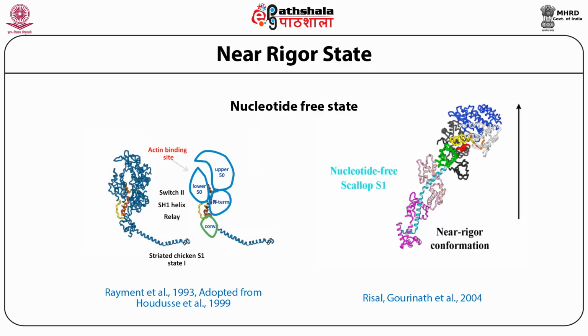These 4 domains are connected by small loops and a relay. These could be called switch 1, switch 2, the SH1 helix and the relay. The structural changes due to nucleotide hydrolysis and binding are reflected in structural changes in these loops. We will discuss more as we see the other structures.